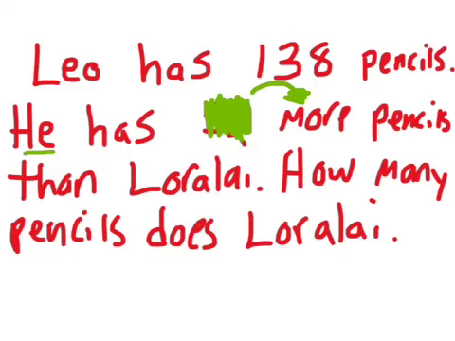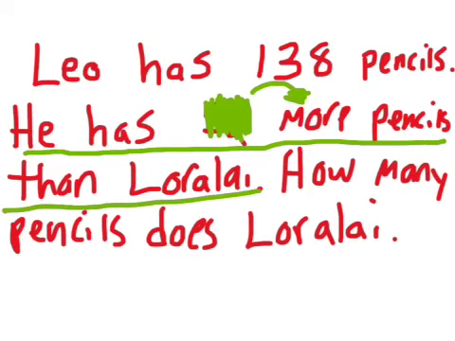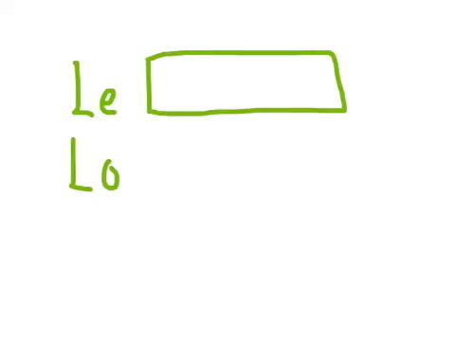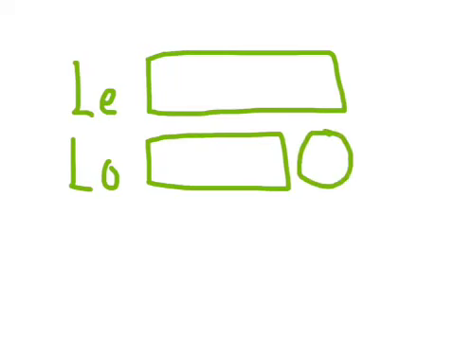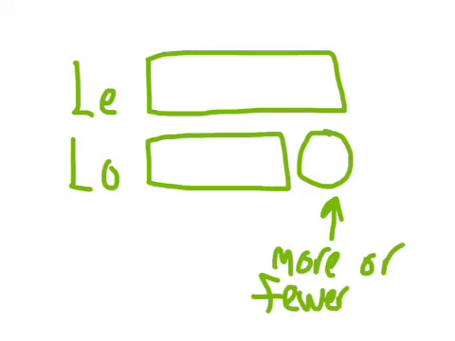It says he has more pencils than Lorelei. So I know that Leo's number is going to be bigger because it says he has more than Lorelei. That means Lorelei's is going to be smaller, and she's also going to have the more or fewer circle. We call it the more or fewer circle because the word that comes before the words more or fewer is the number we put in there.